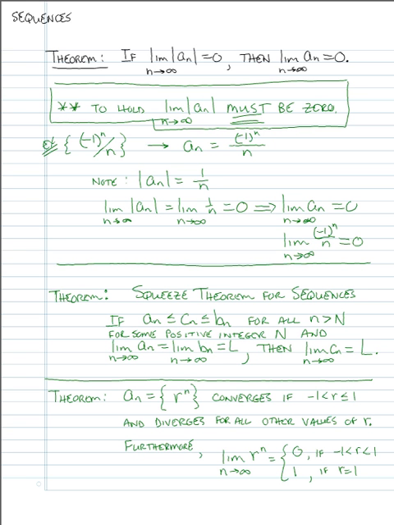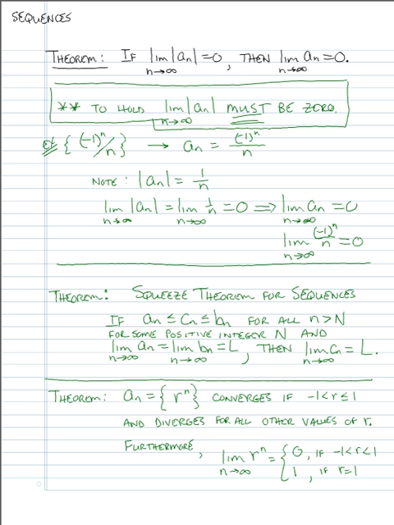Now here's a theorem that takes a little bit to prove, and I'm not interested in the proofs of these for now. I just want you to believe it and be prepared to use it later on. If we have a sequence that's made up of some constant r to the power n, then that sequence converges if that constant r is a number between -1 and +1, but not ever equal to -1.